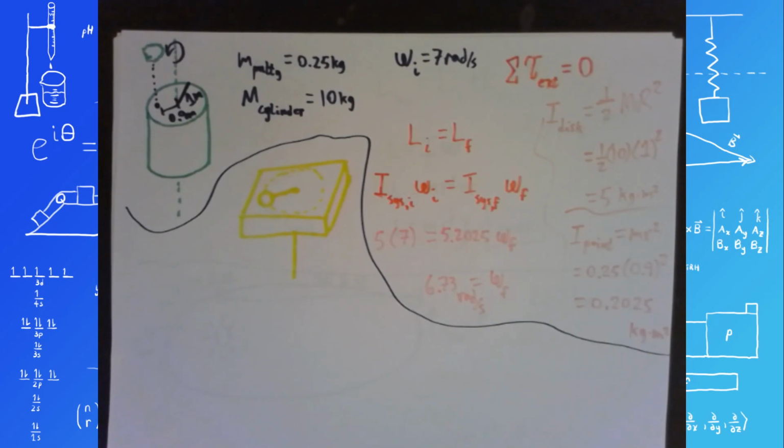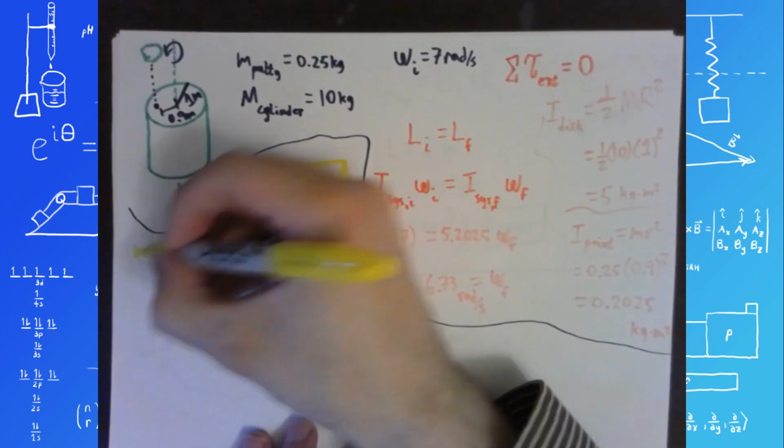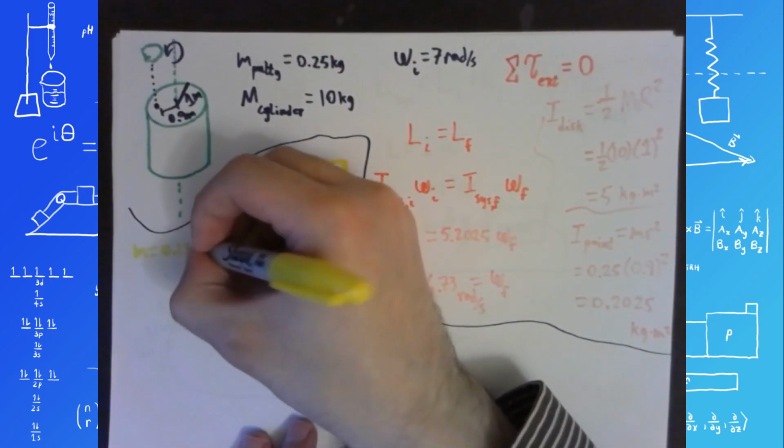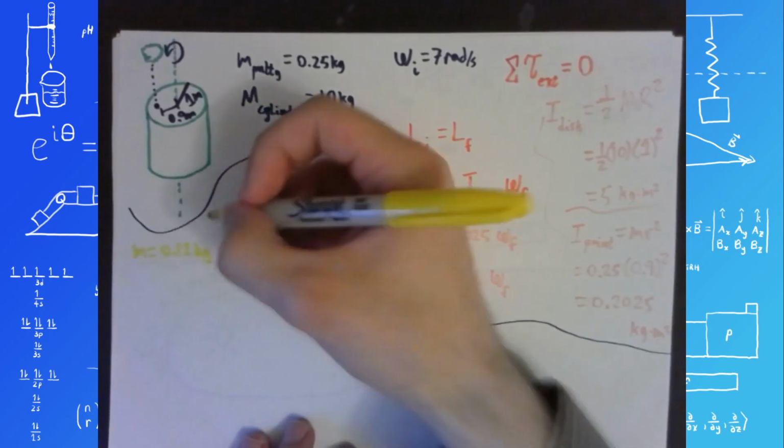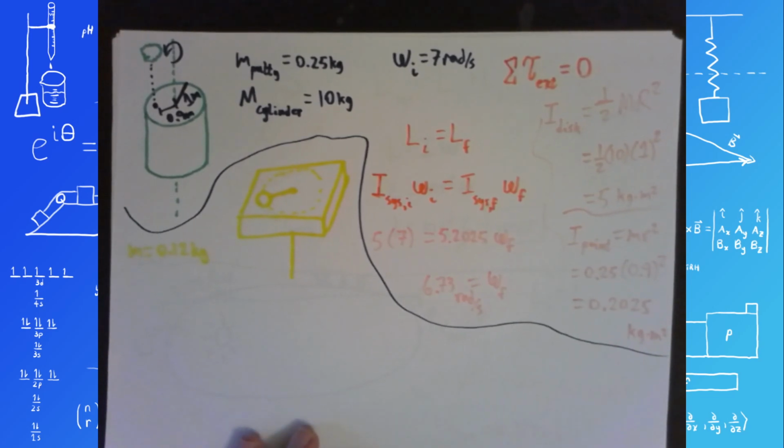So mass 0.12 kilograms. What other data do we have? Its original distance from the center of rotation is 40 centimeters.